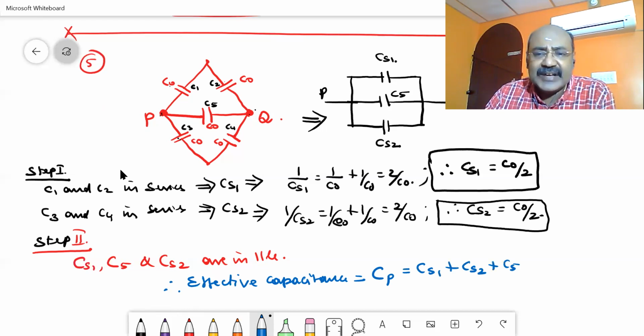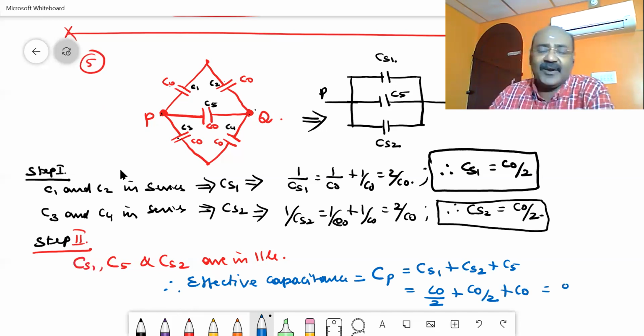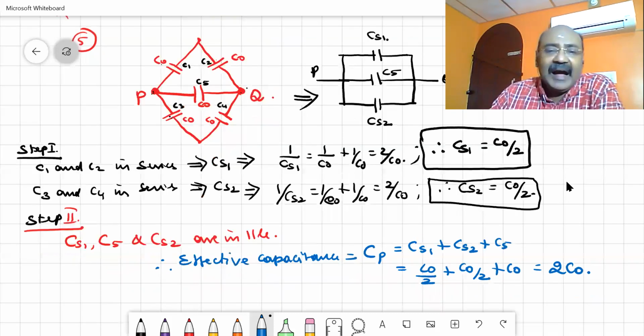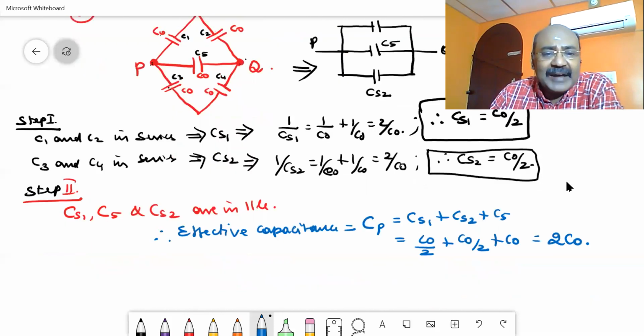CS1 is C0 divided by 2, plus CS2 is another C0 by 2, plus C0. So C0 by 2 plus C0 by 2 gives one C0, and with the other C0 we get 2 C0. So the effective capacitance Cp is equal to 2 C0. This is the final answer.